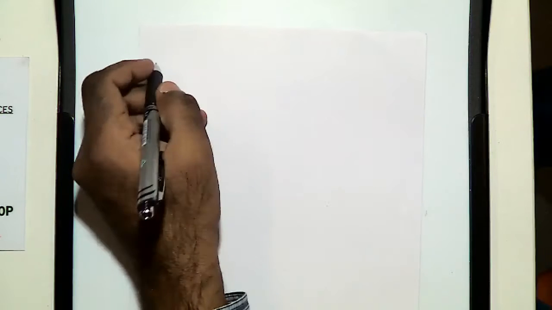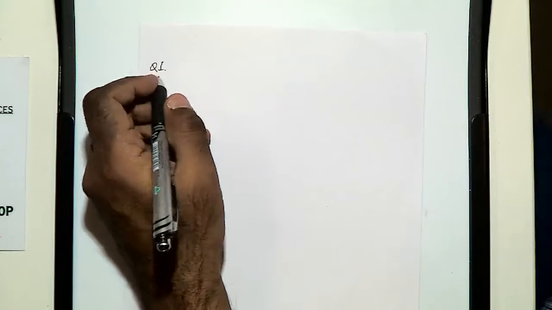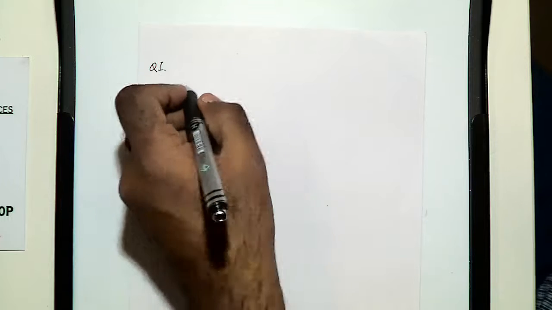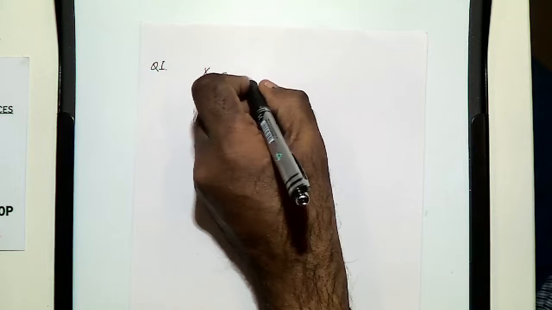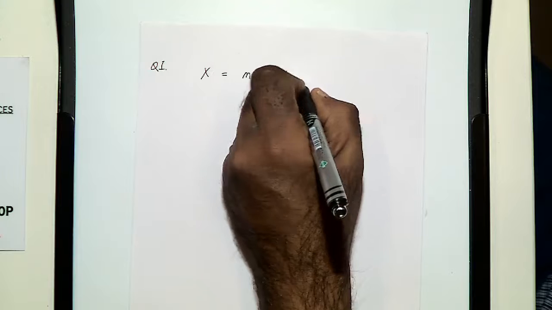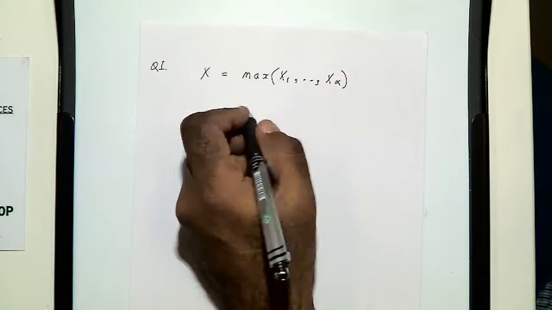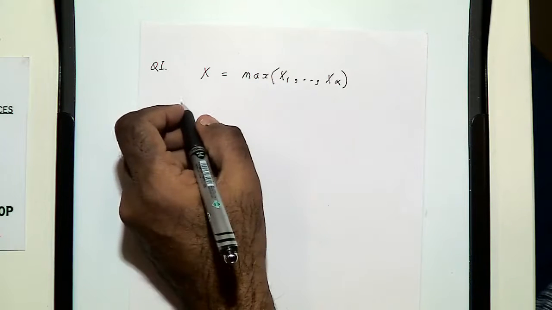So this is part 1 of tutorial sheet 4. You have x equal to the maximum of x1 to x alpha, and we want to find the CDF of x.